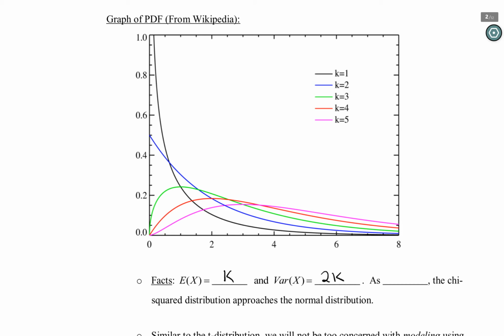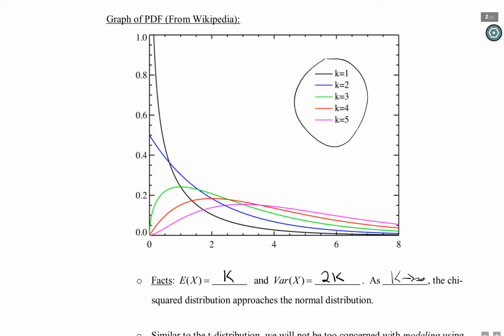And also it turns out as k increases, the chi-square distribution approaches the normal distribution. But what I want us to note here is that the chi-square distribution is generally a right-skewed distribution, and you can see that for these varying values of degrees of freedom.